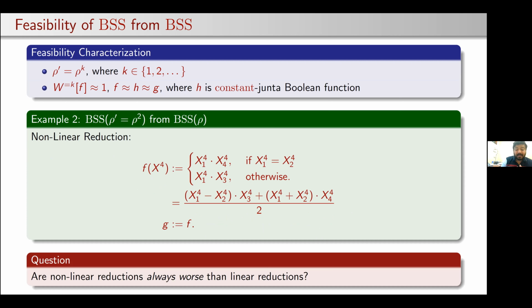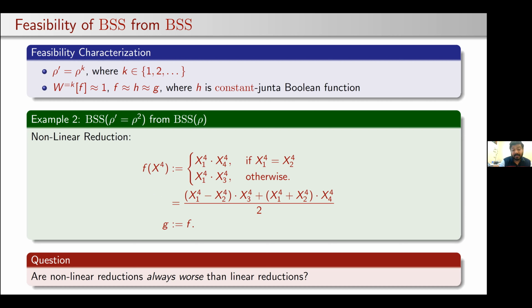So a natural question that arises here is whether linear constructions are the best. Maybe nonlinear constructions exist. However, they are always worse than linear constructions. For example, I showed that the linear construction only takes 2 samples to create the target's distribution.